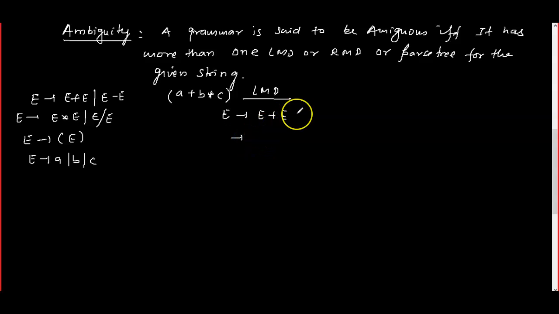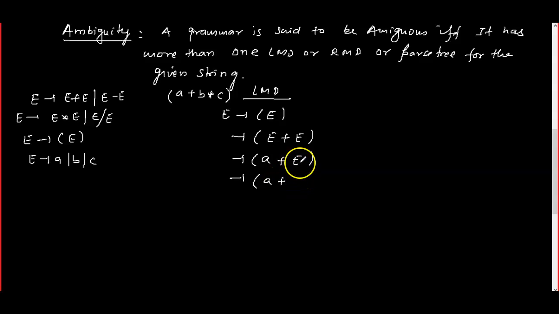E, I can write it here, that open bracket E. Then this E plus E we can write A plus E. Then A plus, here E we can write E star E. A plus, this is B into E. This is A plus B into C. Getting here?